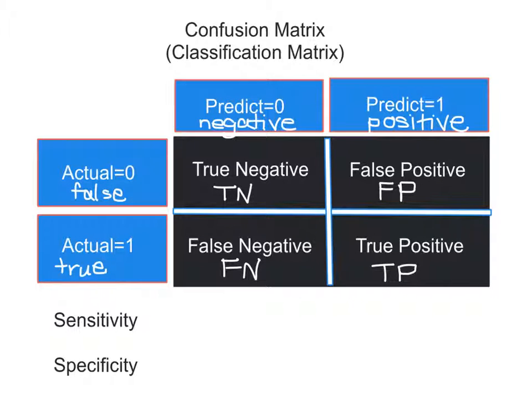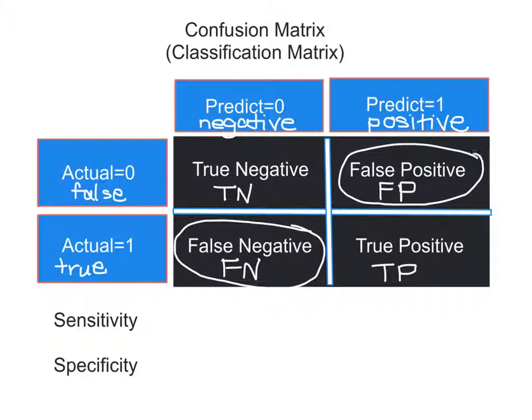So here we have 2 kinds of errors. We can have a false negative or a false positive. We need to consider these errors when we determine our threshold value t.